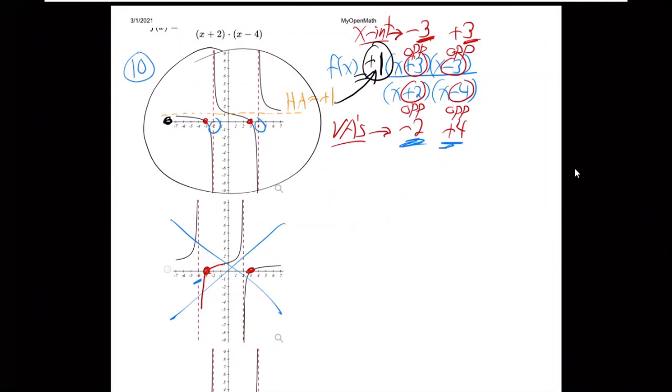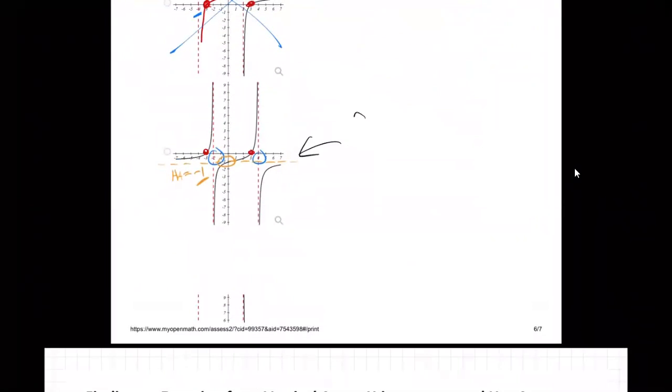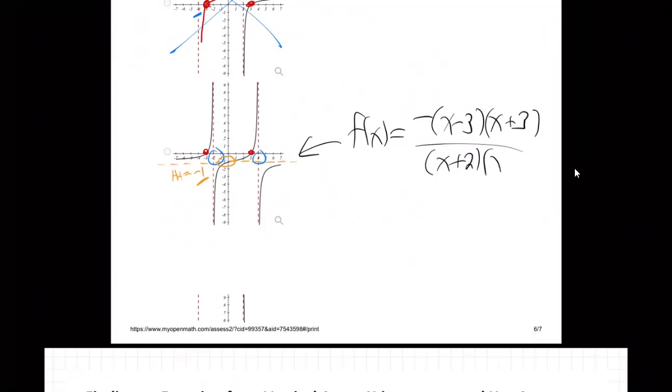Now, if they had a negative sign in front, that would be for the kind where they have a negative sign in the front, with the x minus 3, x plus 3 and the x plus 2, x minus 4. That would be a negative sign in the front because there's really a negative 1 in the front.